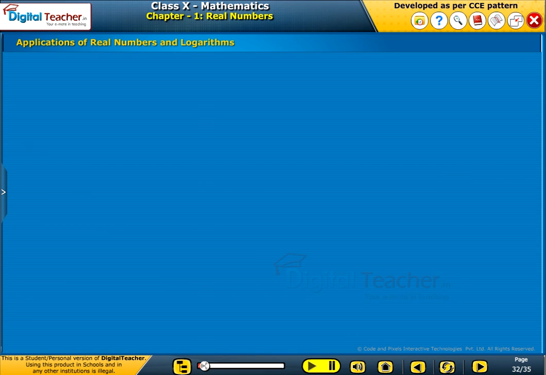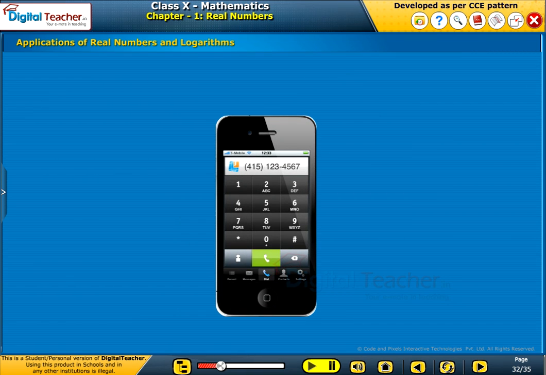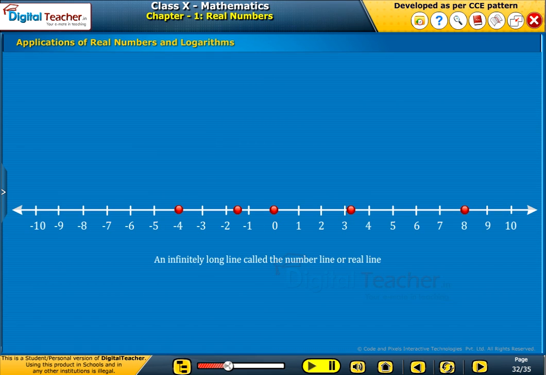Applications of real numbers and logarithms. Application of real numbers. Real numbers help us to count and measure quantities of different items. You dial real numbers in your mobile phone to call a friend. Real numbers can be thought of as points on an infinitely long line called the number line or real line.